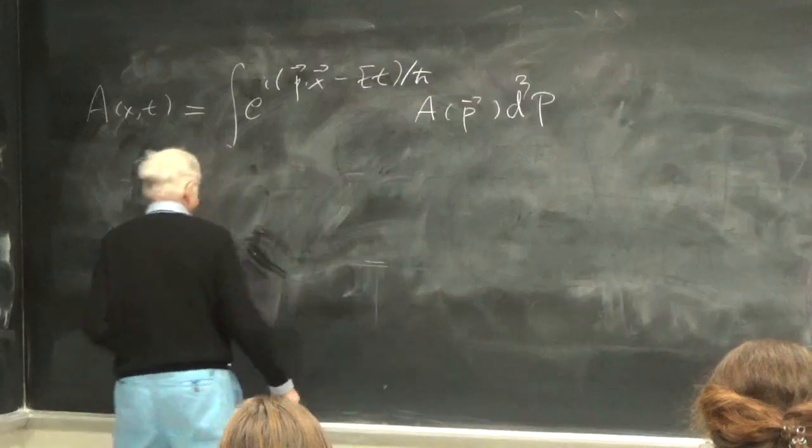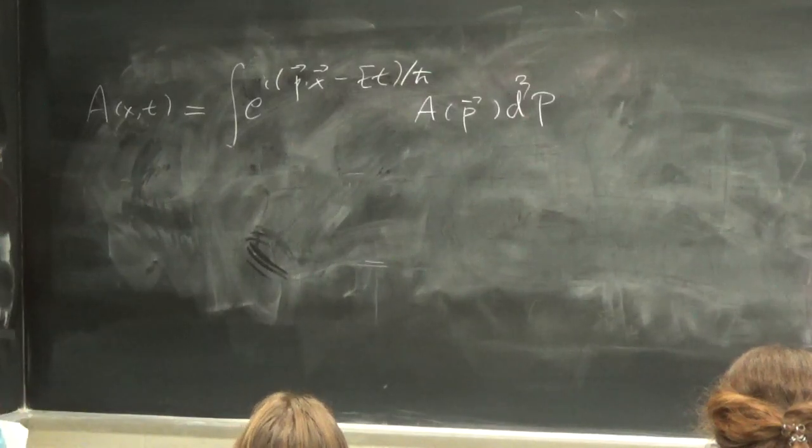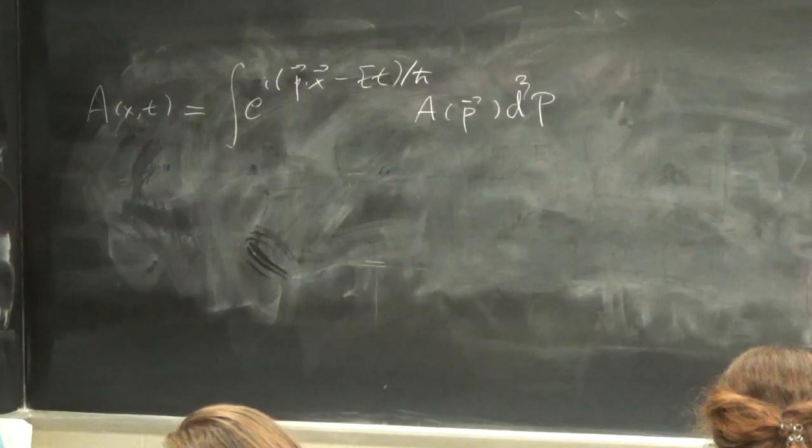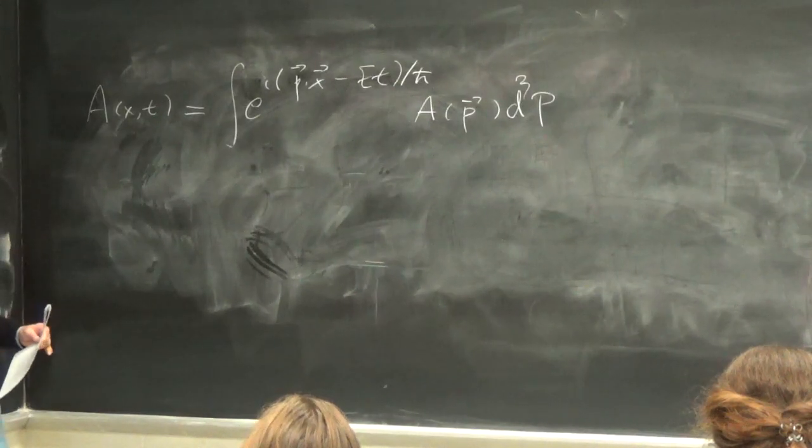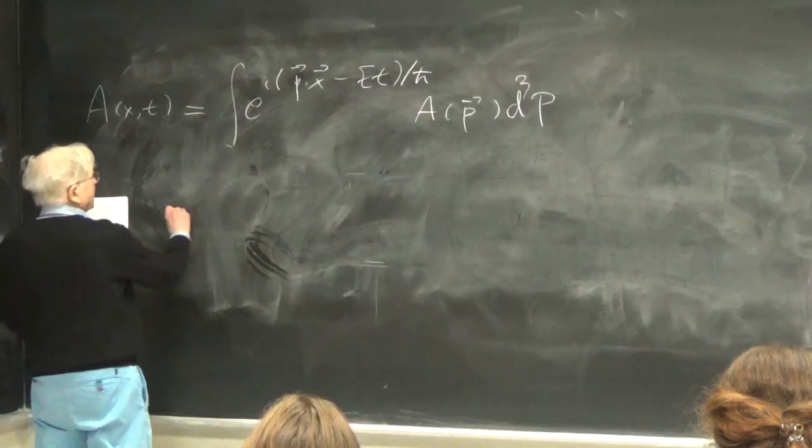And the result is that students can go through college and not quite understand what the phase velocity is, what the group velocity is, and why they are what they are.